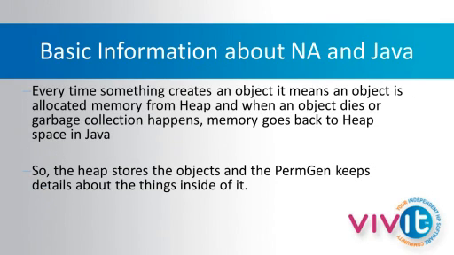Now, when an object is created, the object is allocated from memory, from the heap. Given that, the key here is when garbage collection is running, it's going to recover that used memory and put it back so it can be used again.